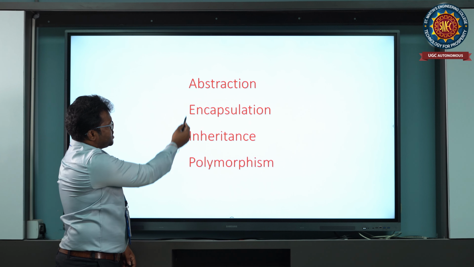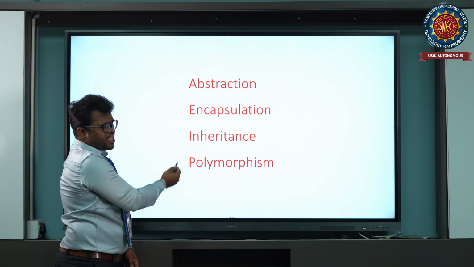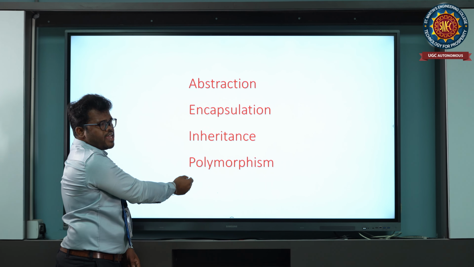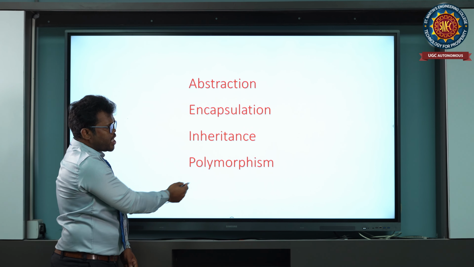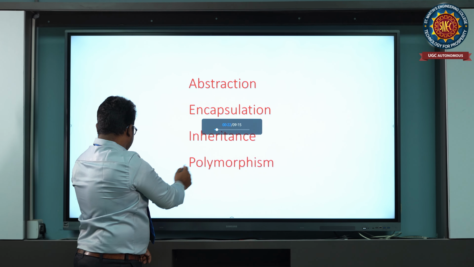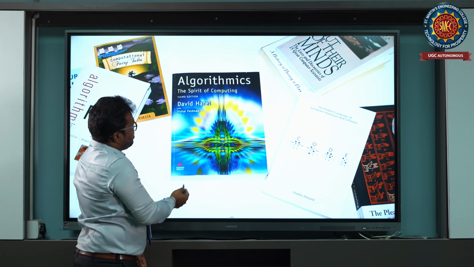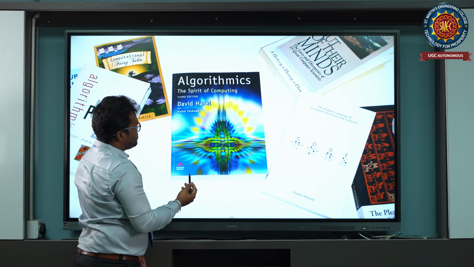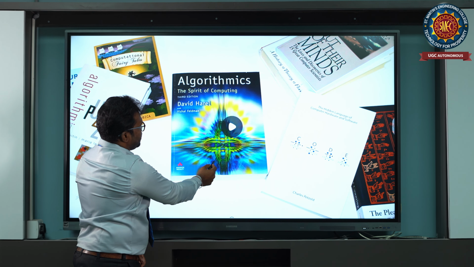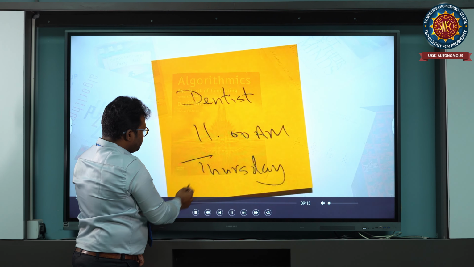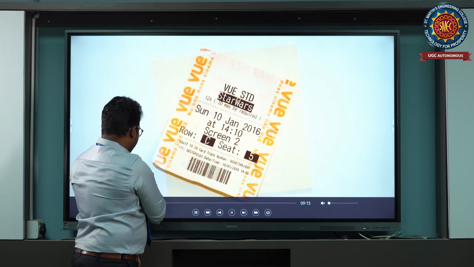This is the video of OOPS concepts. For example, we use abstraction, encapsulation, inheritance and polymorphism. These are the four types. This is an object, for example a car. Books and pens are all objects of the OOPS concept.